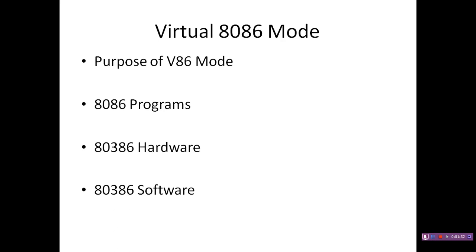A complete virtual machine consists not only of 80386 hardware, but it also supports system software. That is, the complete emulation of 8086 is a result of cooperation between hardware and software.